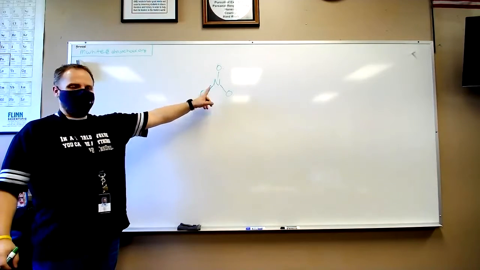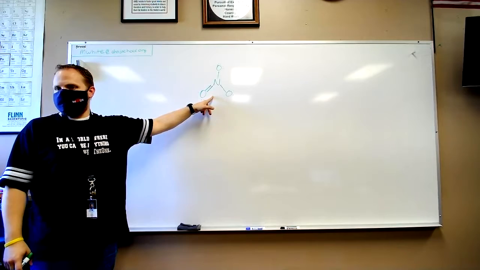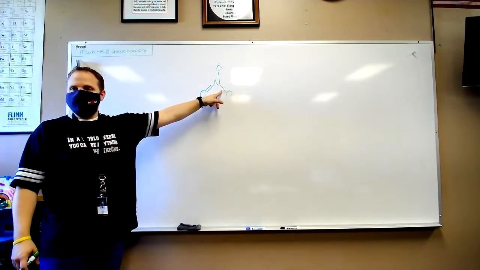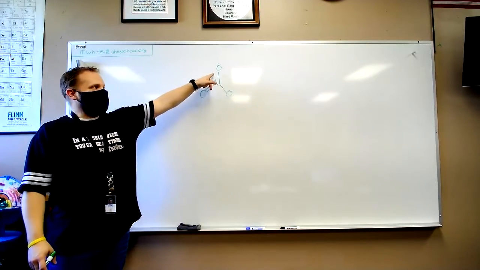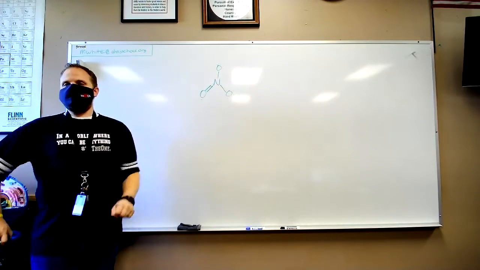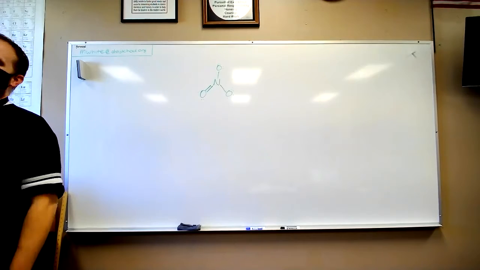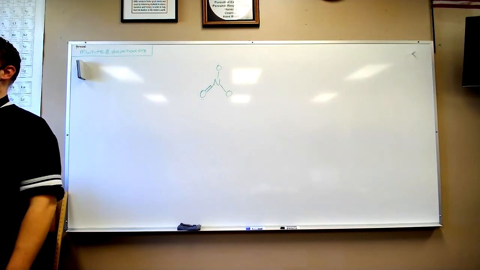Why did I put the double bond there? Because I could. Could I have put it there? Yeah. Could I have put it there? Yeah. So when you're asked to draw resonance structures, all you have to do is draw all the different possible places that you could put the double bond.